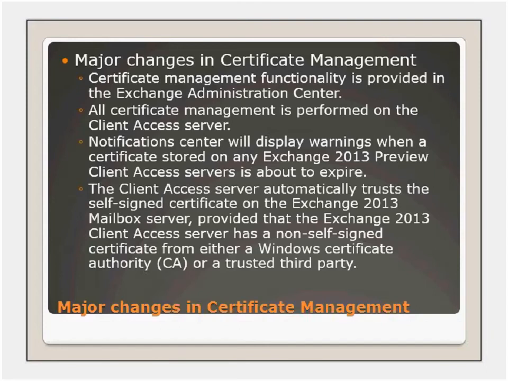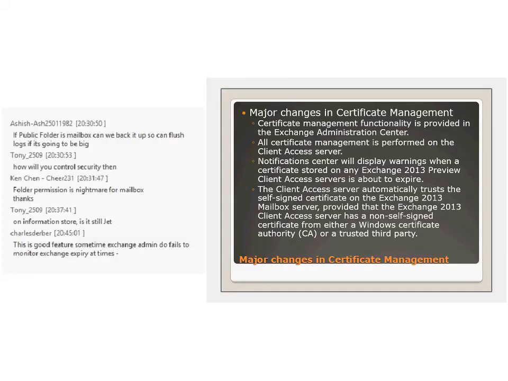So you don't really need a certificate from a third-party trusted authority on every Exchange server, but yes, definitely needed on the client access server role. I think that's really about the major changes you can think about in certificate management.